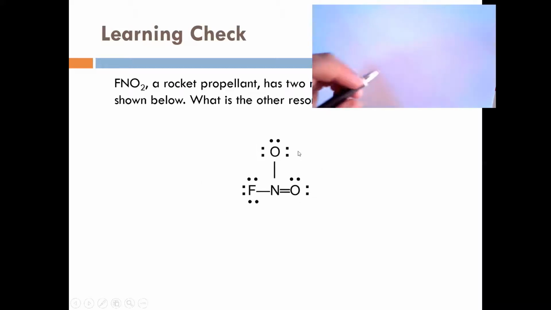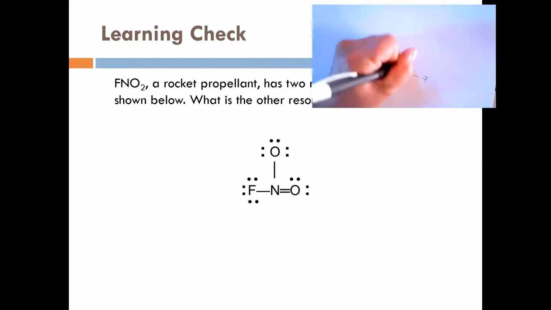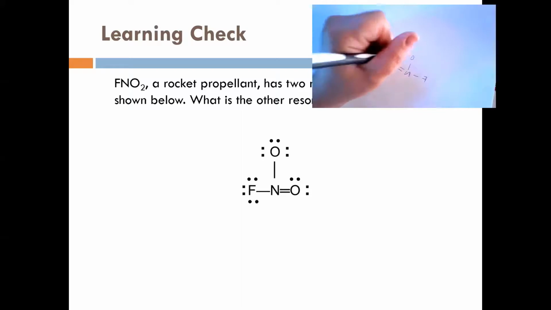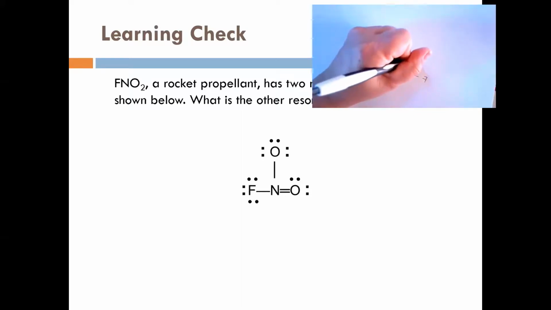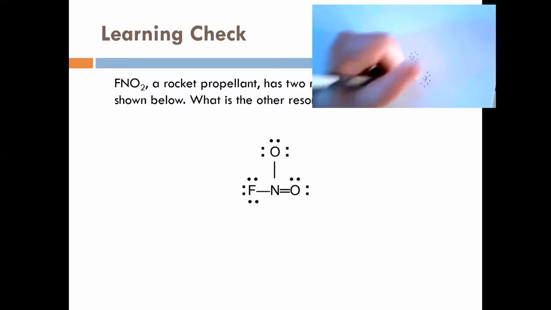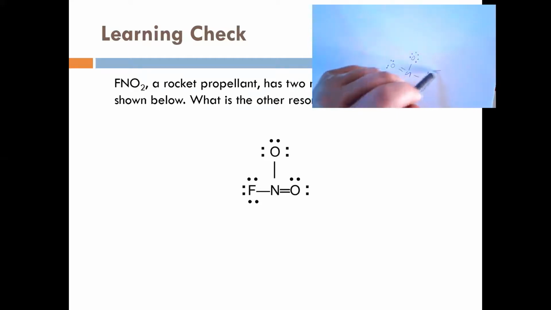But here's our FNO2, right? You have fluorine, nitrogen, and we have our oxygen. We have one that has a double bond, one that's a single bond, and then our fluorine. Here's the thing you have to remember. It's not possible for fluorine to make a double bond. So fluorine is out of the question of where that other double bond could go. However, there is another oxygen.